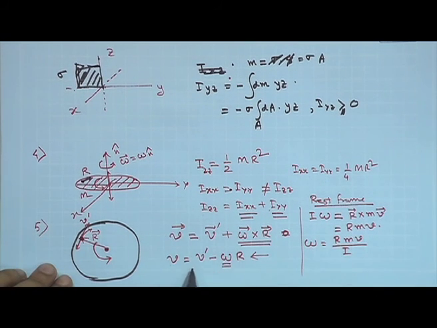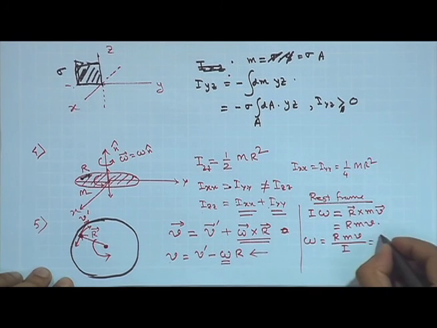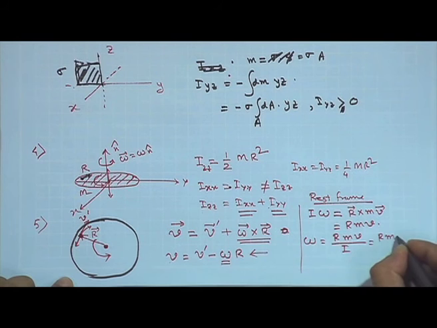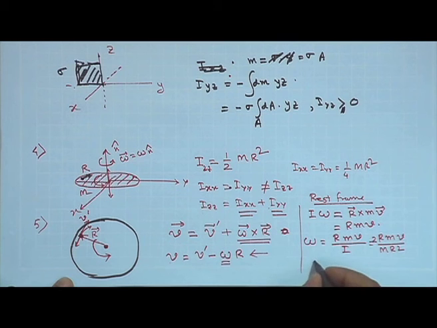Now put it into this scalar equation and simplifying, r m v by I is equal to half M r square. So it will be 2 capital M r square, right, which on simplification will cancel out, 2 m v by M.